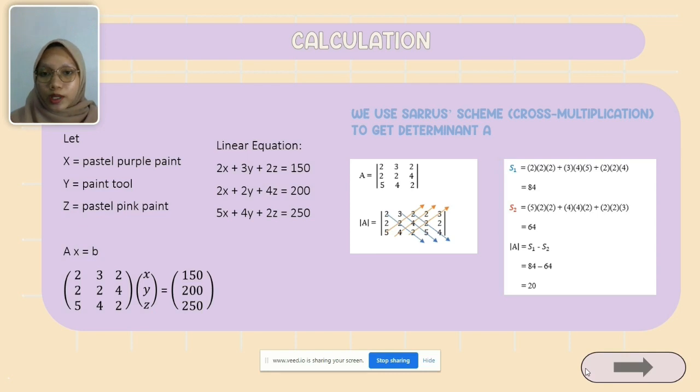From the linear equations, we write in the matrix form Ax equals B, like this. Next, we find the determinant of A. First, matrix A: 2, 3, 2, 2, 2, 4, 5, 4, 2. To find determinant A, S1 minus S2. So, 84 minus 64, we get 20.